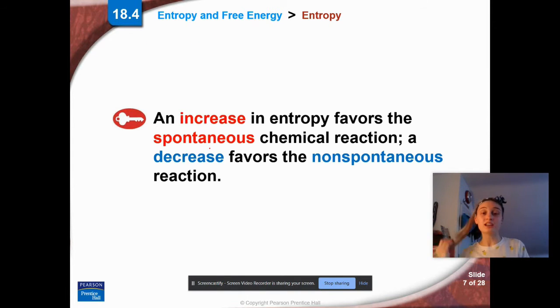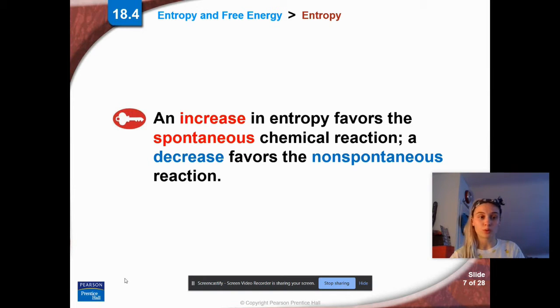And so an increase in entropy favors spontaneous reactions. So more craziness equals spontaneous reaction. A decrease in entropy favors non-spontaneous reactions. So if there's a decrease in entropy, you're probably going to have a non-spontaneous reaction, and if you have an increase in entropy, you're probably going to have a spontaneous reaction.